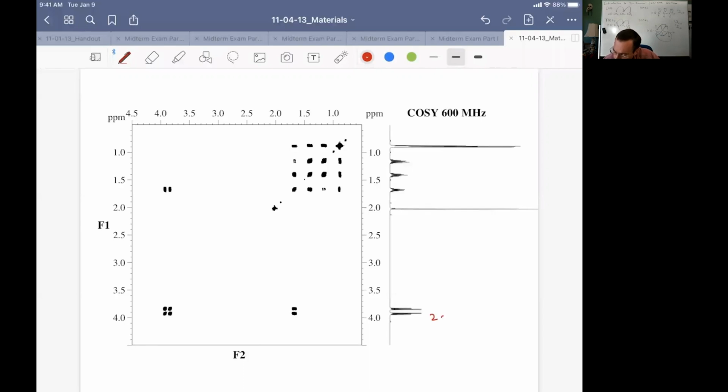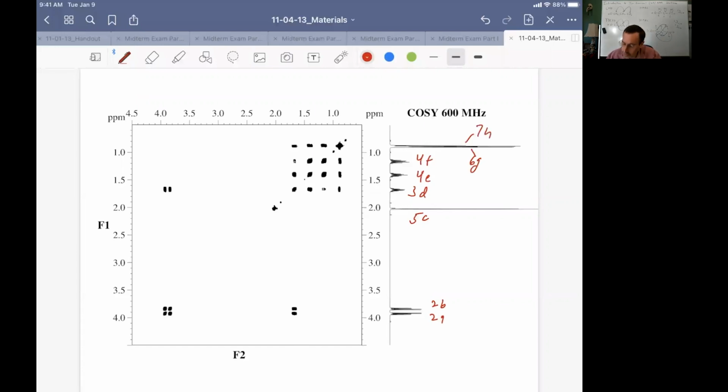So I'm going to transcribe our numbers: 2A, 2B, 5C, 3D, 4E, 4F, 6G, and 7H.